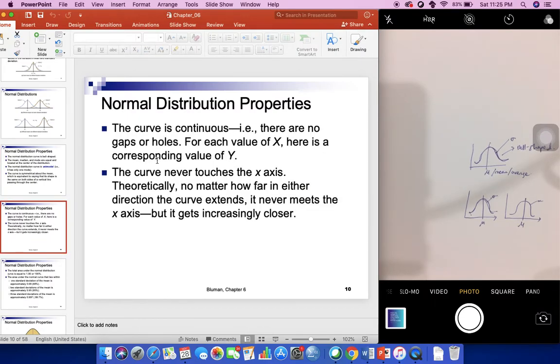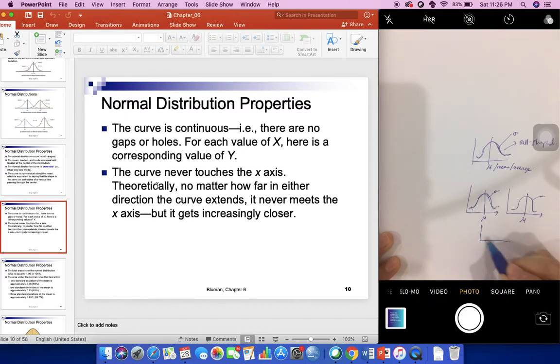The curve is continuous. There are no gaps or holes for each value of x. The curve never touches the x-axis theoretically. So the curve must be continuous, you can't draw it like this. Cannot.